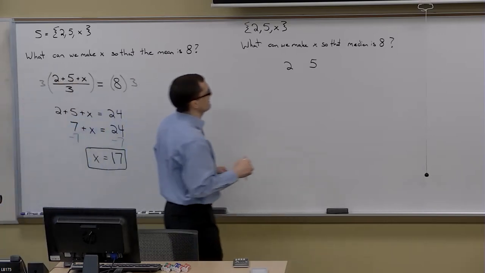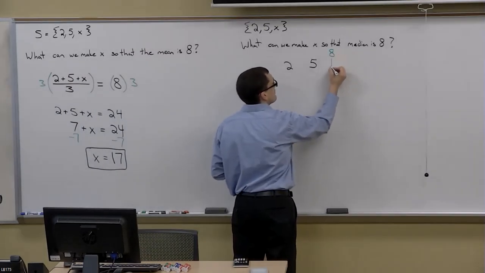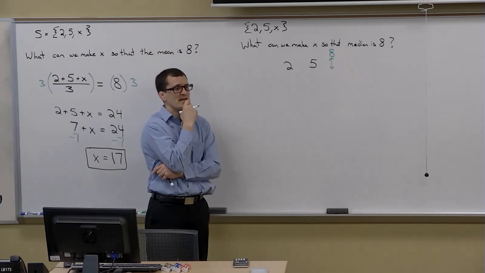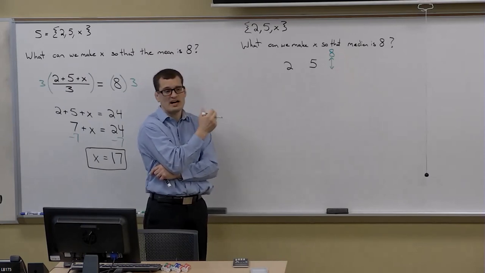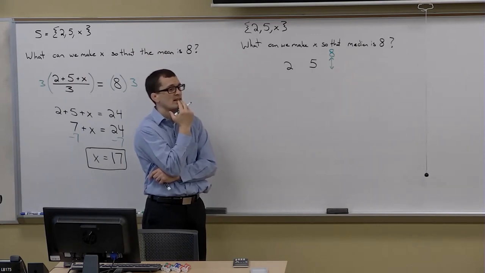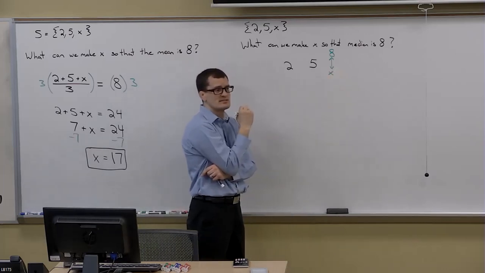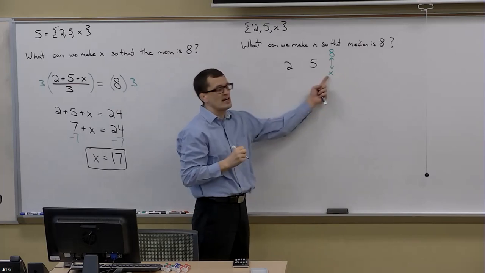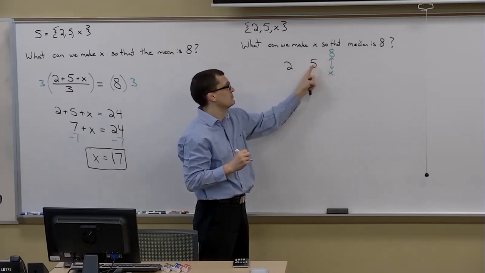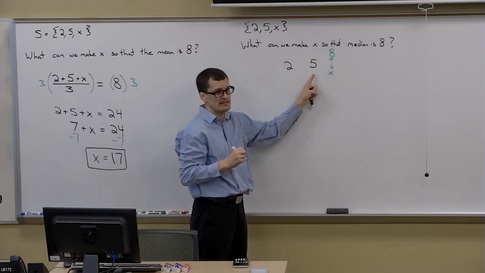Now, on the other hand, if I want to make the median of 8, 8 falls out here. 8 falls to the right of 5. If I let x be 8, 8's not going to be the median. In fact, if I let x be any number that's bigger than 5, 5 is going to be the median.